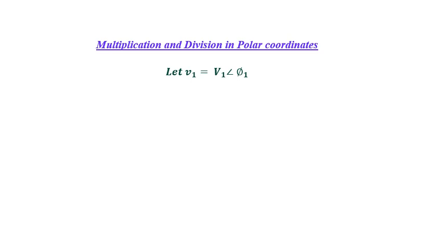So next we can see how we can multiply and divide two phasors. Assume that I am having two phasors. First one is V1 angle phi 1 and the second phasor is V2 angle phi 2. Then the product of two phasors: you have to multiply the magnitudes and add the phase angles, that is V1 V2 angle phi 1 plus phi 2.